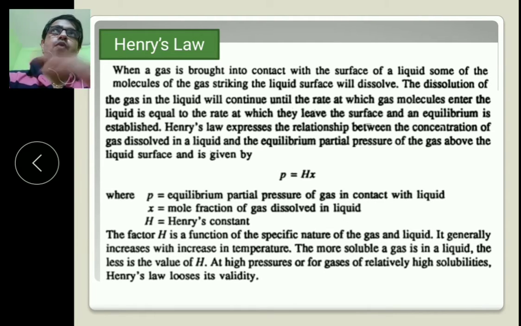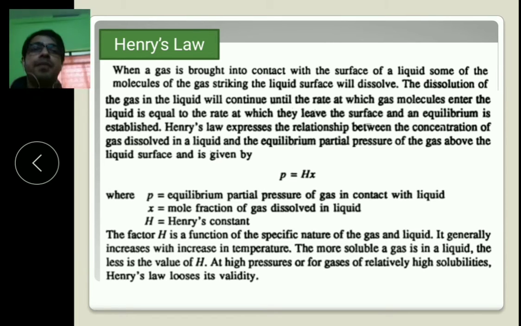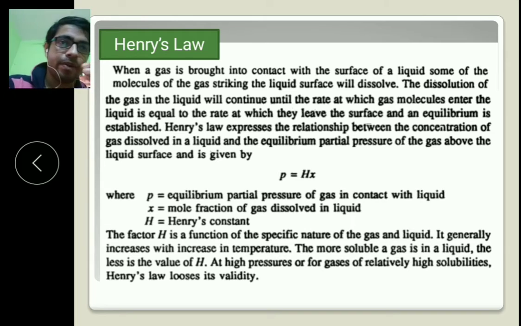At one point a condition will come where the liquid is dissolving some part of the gas. Suppose 5 moles of ammonia are dissolving in the liquid and 5 moles of ammonia are evaporating from the liquid, so an equilibrium will be established.